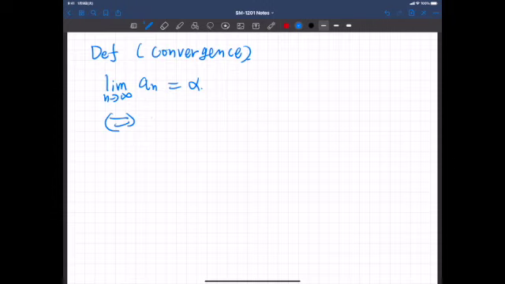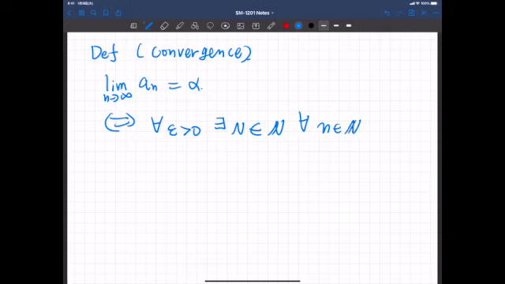That means for any epsilon, which is a positive real number, there exists a natural number N such that for any natural number, if this lowercase n is greater than or equal to the uppercase N, then the modulus of an minus alpha is less than epsilon.